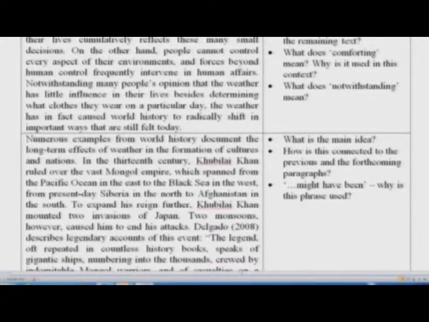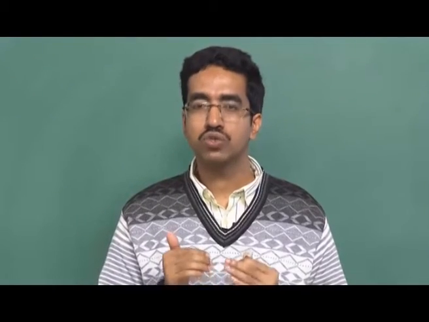These influences may be positive or negative. So, we can expect that the text is going to give some instances and then explain how weather played an important role.